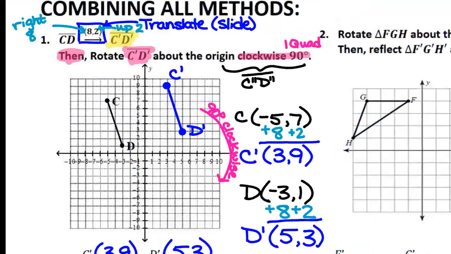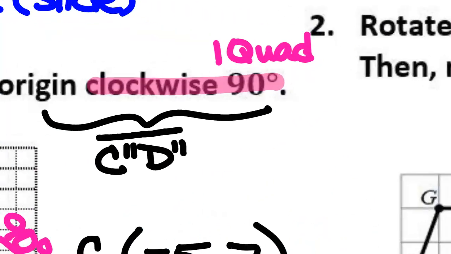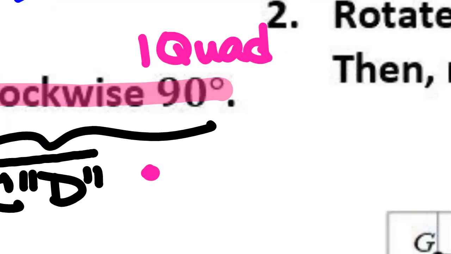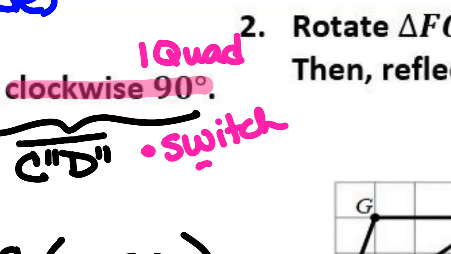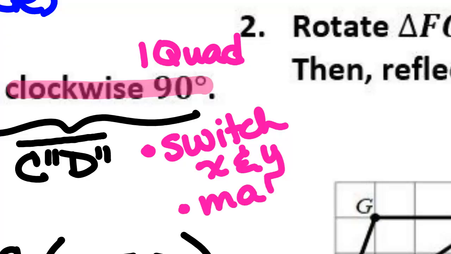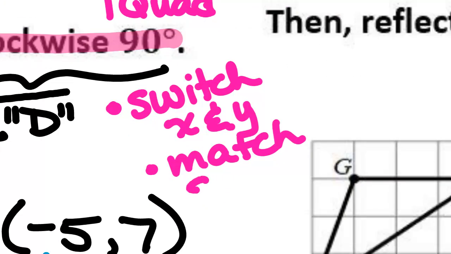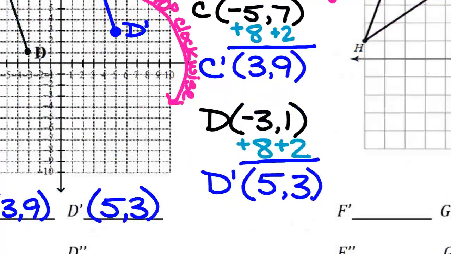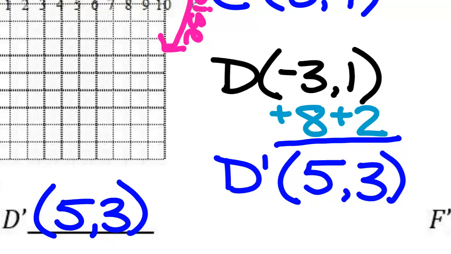How do I do a rotation? One quadrant. Yep, we're going to switch X and Y. And then we're going to match our signs to the quadrant that we're landing in. So tell me about the signs down in quadrant 4. Are the X's positive or negative down in quad 4? X's are positive over here because we're on the right side of the graph.